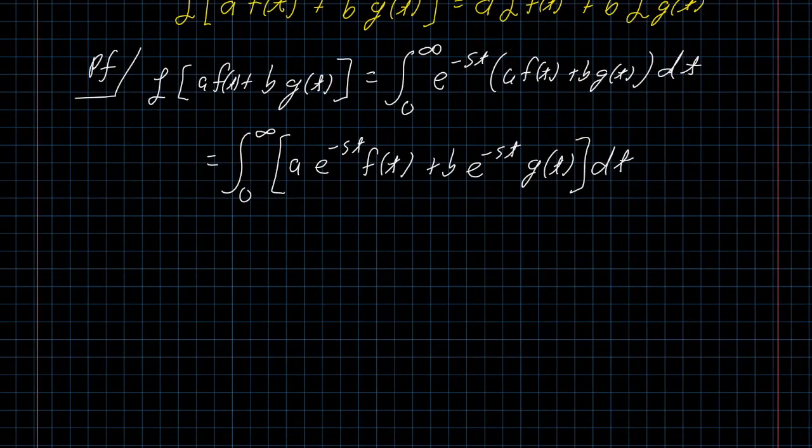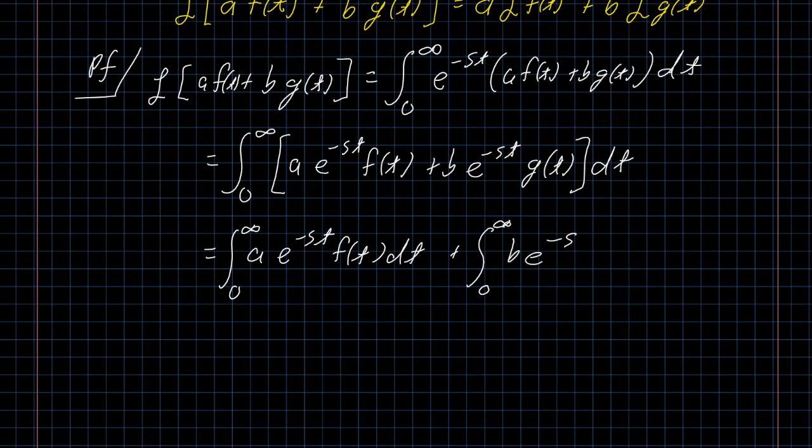We can split up an integral over addition and subtraction and write this separately as the integral from 0 to infinity of a times e to the minus st f of t dt, and the integral from 0 to infinity of b times e to the minus st times g of t dt.